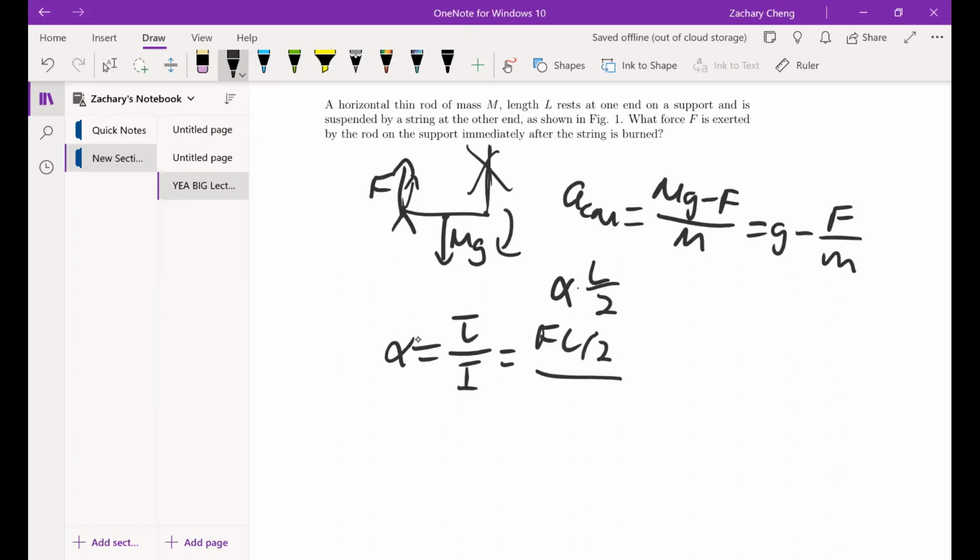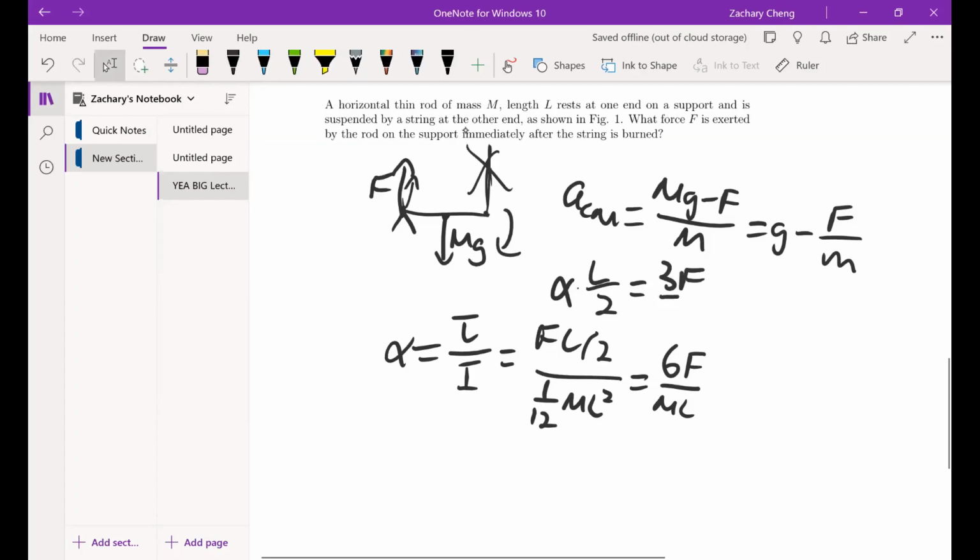And the moment of inertia, since it's rotating around the center of mass, is 1/12 mL squared. So alpha is just equal to 6F over mL. So then alpha times L over 2 is just equal to 3F over m.